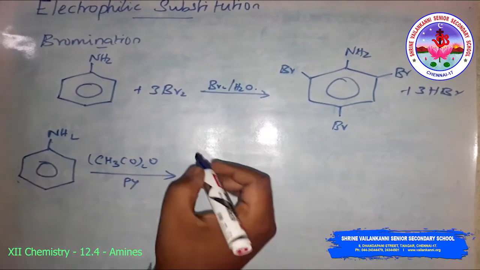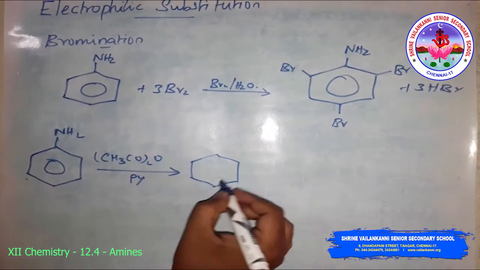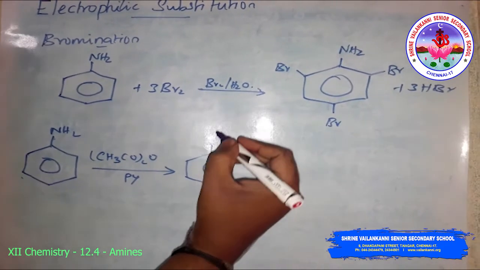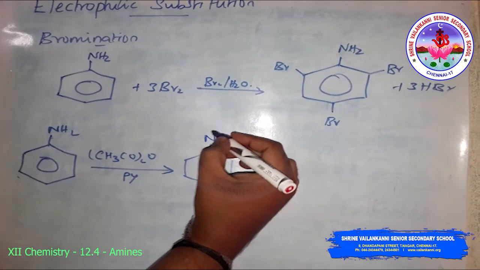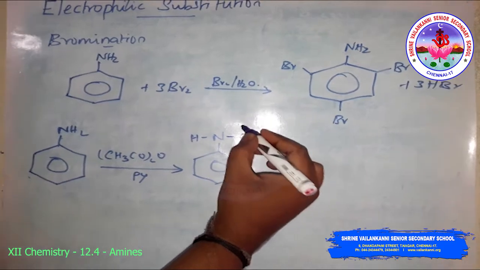The acetanilide formula is NH-C double bond O-CH3. So this is N-phenylethanamide, or acetanilide.